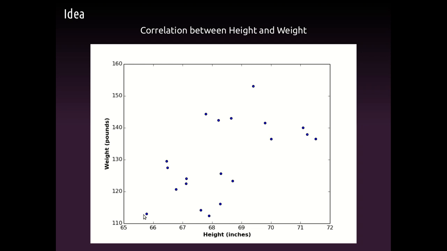Actually, correlation between both height and weight is a very important characteristic in order to apply linear regression. Otherwise, we cannot apply it. So if this condition of correlation between both height and weight is valid, then we can go through the linear regression.